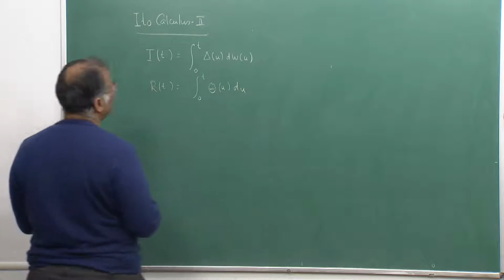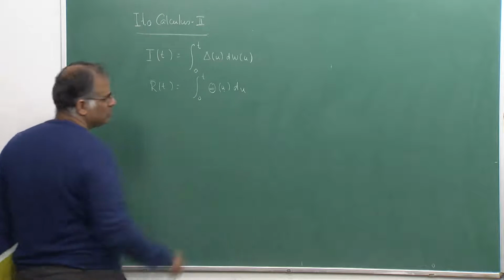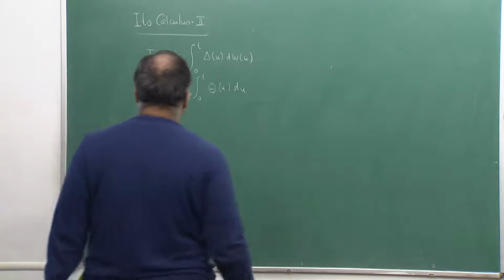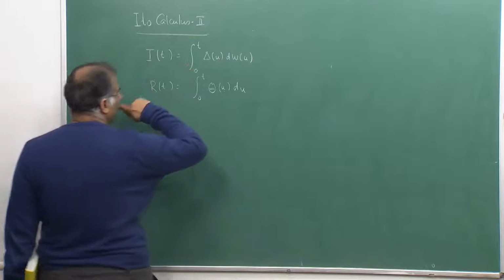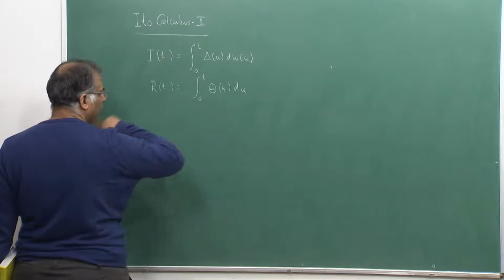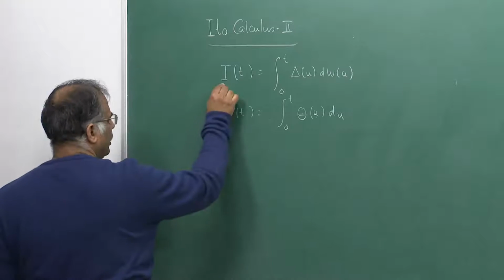If these processes are continuous in terms of u, then from basic calculus, you know this would be continuous. So, IT and RT are continuous functions in t.